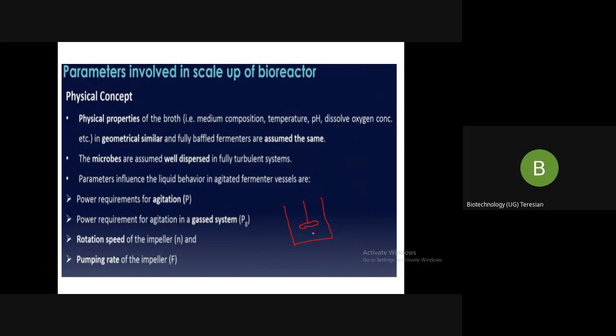The rotational speed of your stirrer also plays an important role, because as the bubble is going out, see from here the bubbles are moving, right? These are all your bubbles. Just beneath the impeller is your sparger, your air sparger, and these are the bubbles.